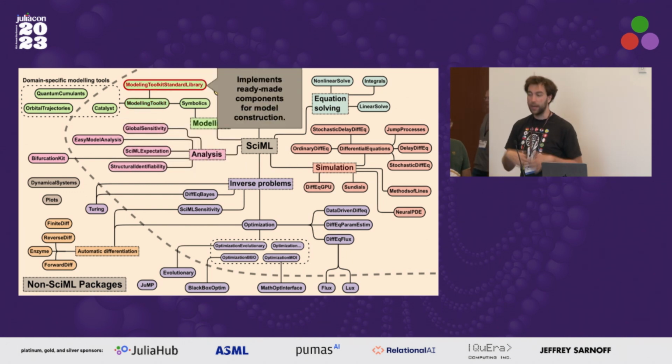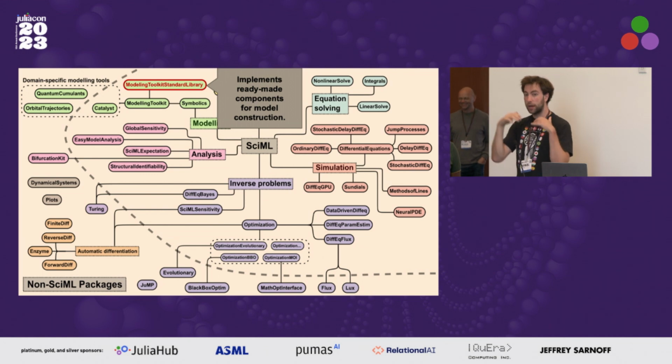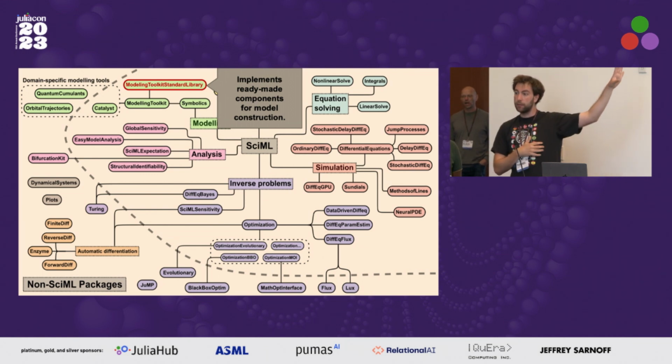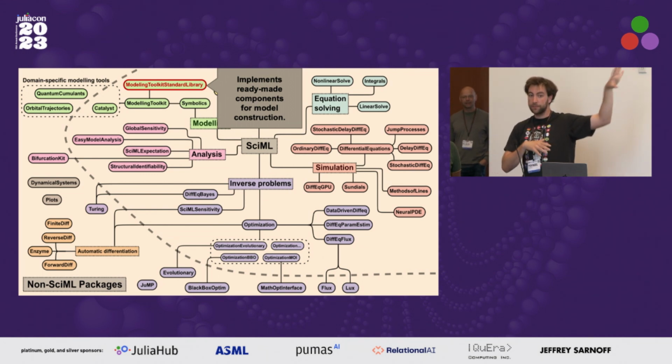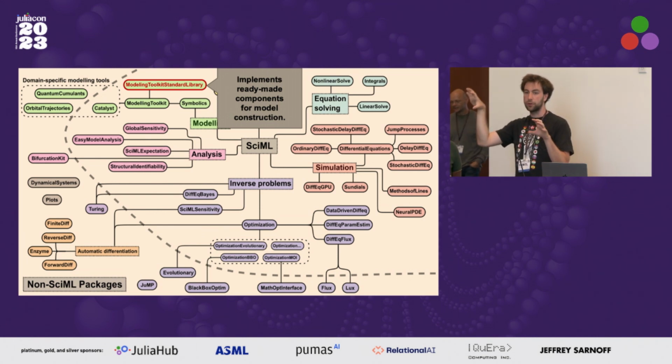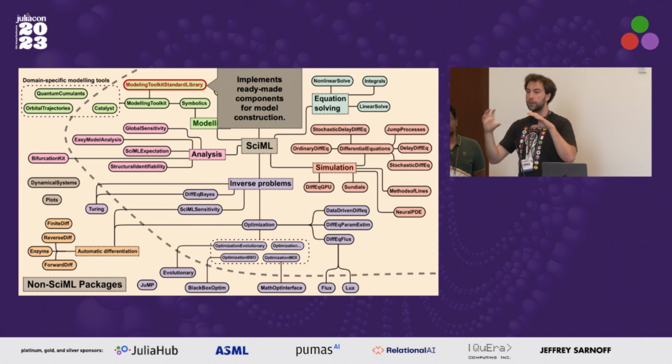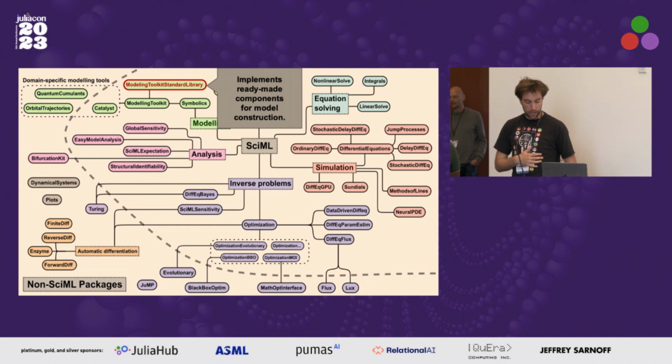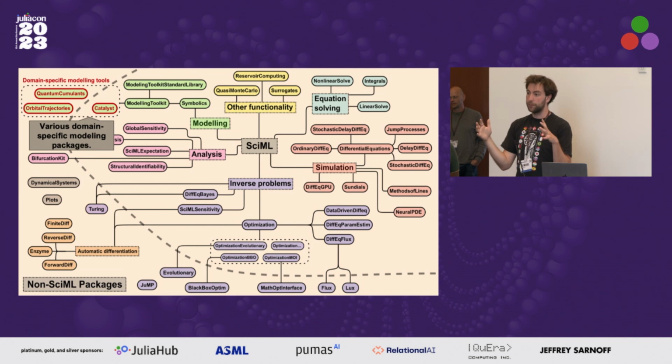And then there are various packages which feed into ModelingToolkit to allow you to build models. One of them is the ModelingToolkit Standard Library, which implements a lot of ready-made modeling components which you can connect. It can be a capacitor or a resistor in an electronic circuit, and you can just connect them to create your model. Another thing you have is domain-specific modeling languages.